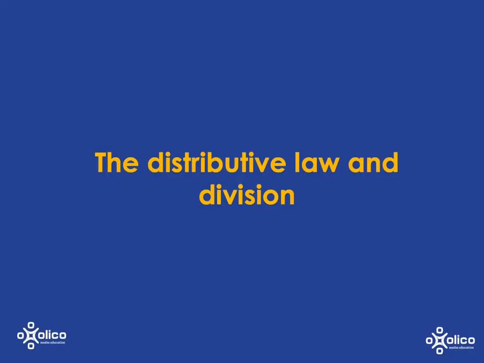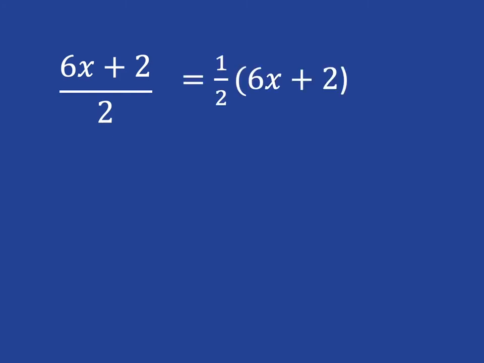Let's have a look at the distributive law and division. If we're asked to simplify something like 6x plus 2 over 2, one way we can think about it is to think that dividing by 2 is just the same as multiplying by a half. And so what we've got is half times 6x plus 2. This means we can just use the distributive law we've always been using.